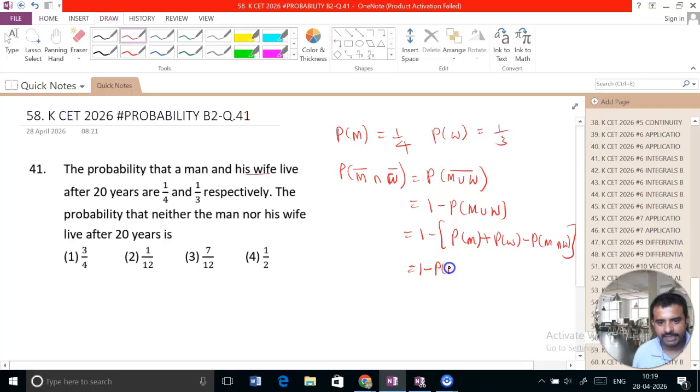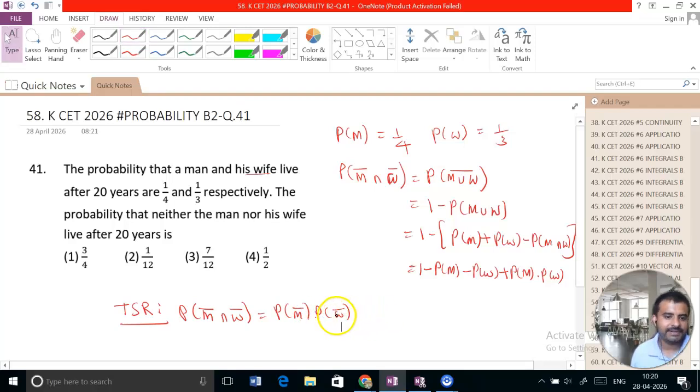If both are independent, we can use probability of M into probability of W. But instead of doing all these things, if you know the time saving result, probability of neither man nor woman can be written as probability of neither man into probability of neither woman, because M and W are independent events.